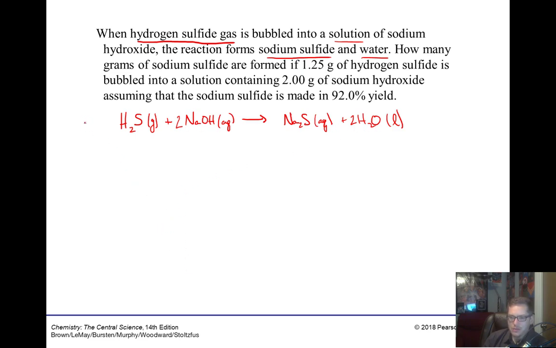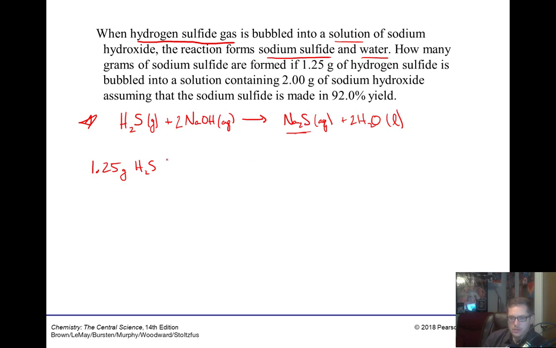So this is our balanced chemical equation, first step. Now we have to figure out which one our limiting reactant was, because we want to figure out how many grams of this sodium sulfide we can make. We've got 1.25 grams of H2S, and we've got to convert that into grams of sodium sulfide.